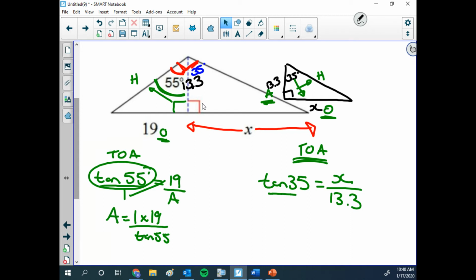If I put that over 1, just to keep that in mind, it makes it easier when I'm solving for an unknown on the bottom. I'll cross multiply and divide. So X is equal to tan of 35 times 13.3. Divide that by 1, which doesn't do anything in that case, but that's all right.